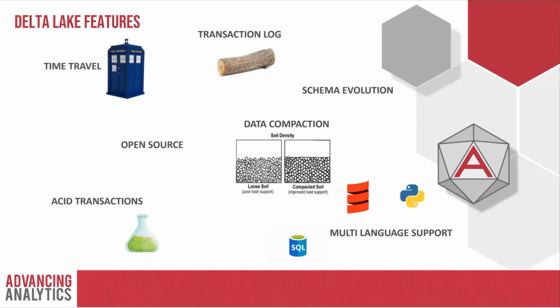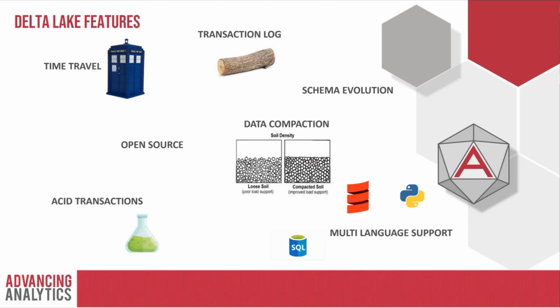So when I talked before about adding new fields in, so much easier with Delta Lake. Again, it's open source, so there's loads of people contributing to the project and making it better. We've got really good data compaction, and that just means that you've got more data in a smaller sized file. Support for multiple languages like Python, Scala, and SQL that we know and love.